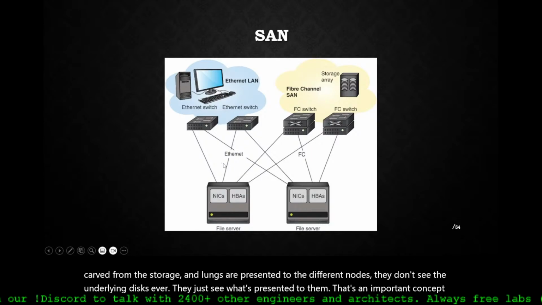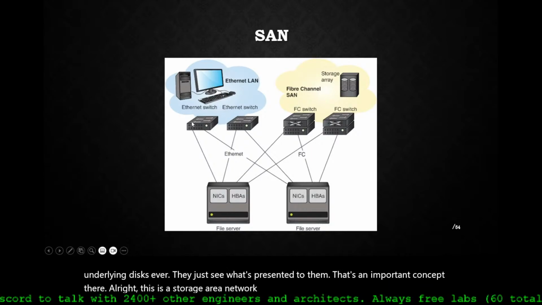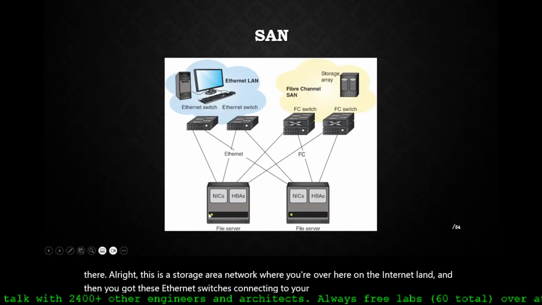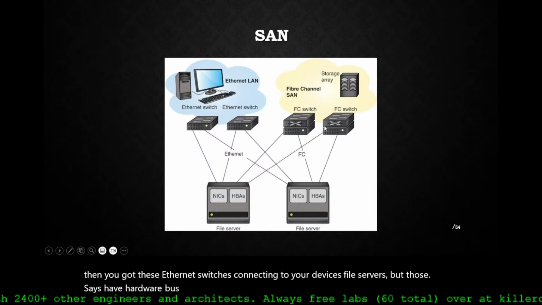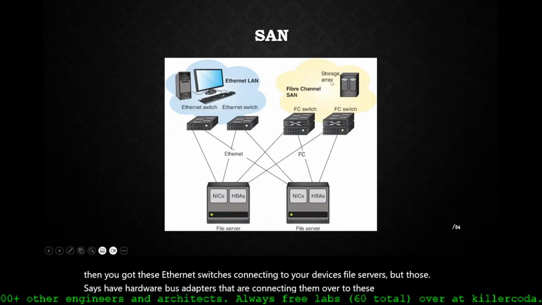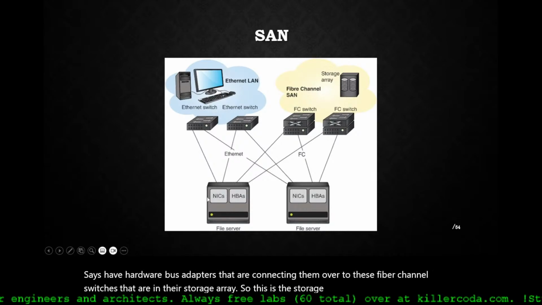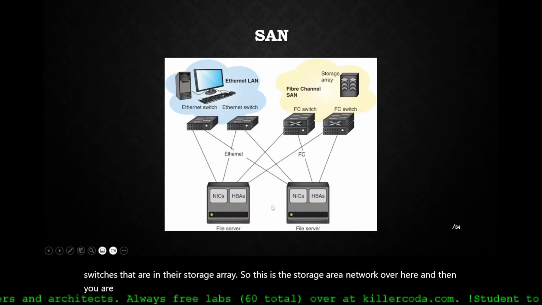All right. This is a storage area network where you're over here on the Ethernet LAN, and then you got these Ethernet switches connecting to your devices, file servers. But those devices have hardware bus adapters that are connecting them over to these fiber channel switches that are in their storage array. So this is the storage area network over here, and then you are connected and looking at these devices.